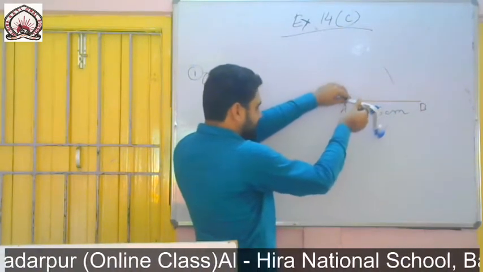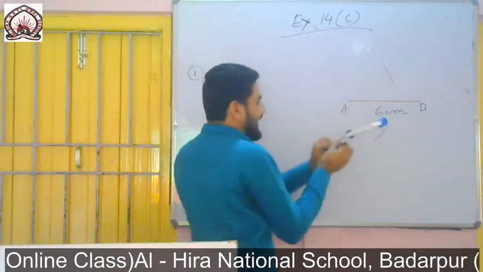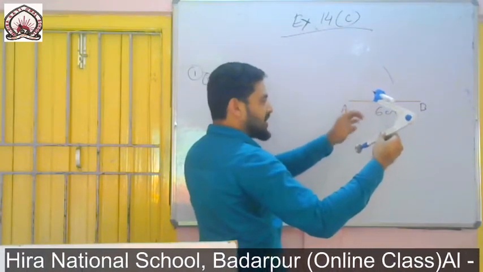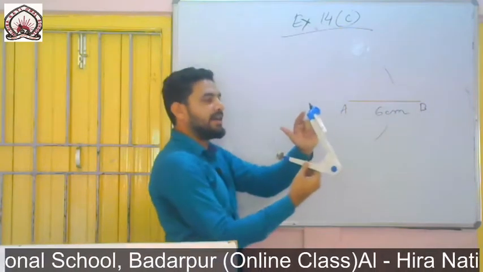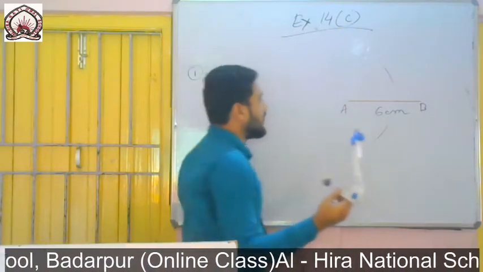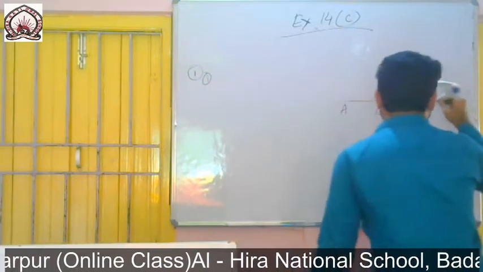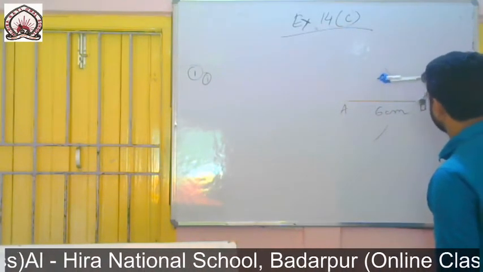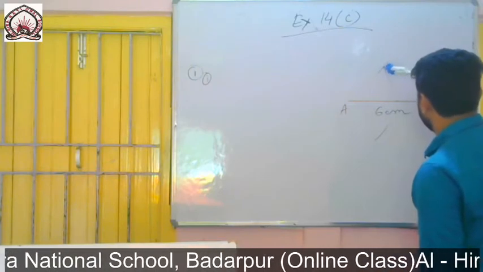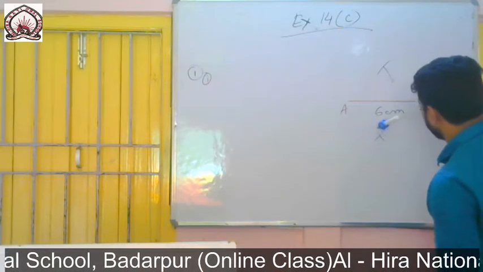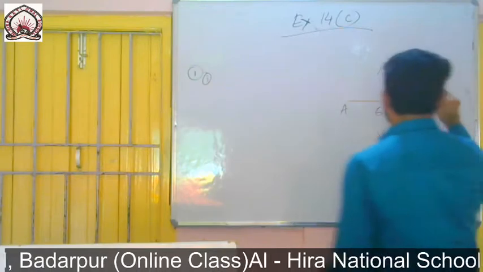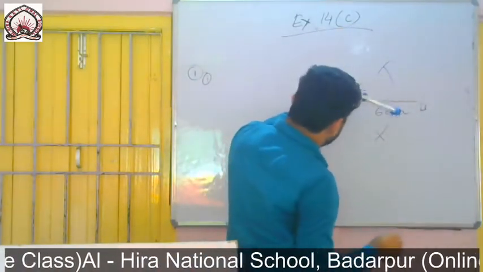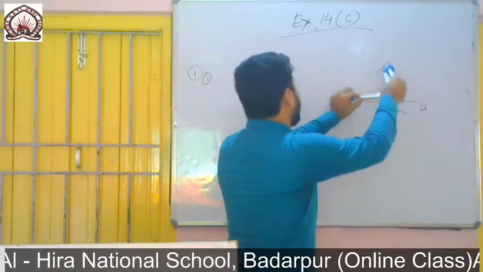Again with the same radius. Don't change the radius, or don't change the distance between the compass needle and the pencil. Now you place again here at B. Actually I cannot draw this accurately, but if you place your compass, then you will get the accurate one.